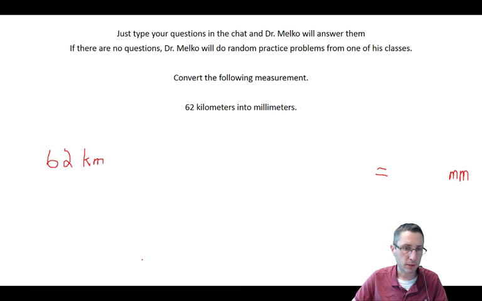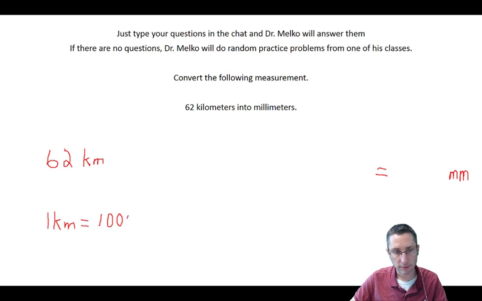Okay, now before we start setting up our parentheses, our unit factors, I'm going to write down some unit equations. How am I going to get from kilometers to millimeters? I know I'm going to have to memorize what a kilometer is. What I've memorized is that 1 kilometer is equal to 1,000 meters. So I'm just going to write that down.